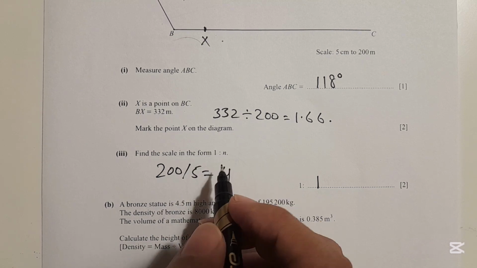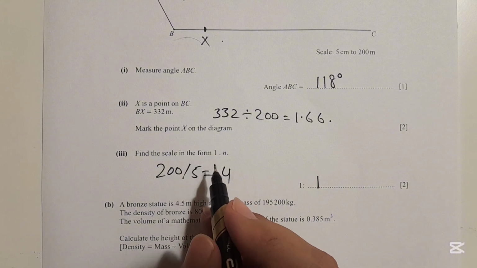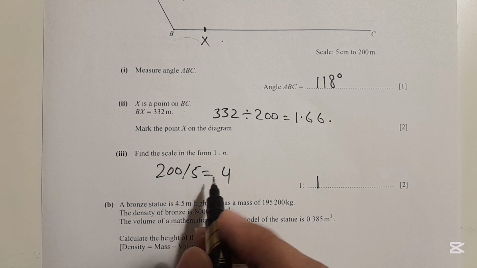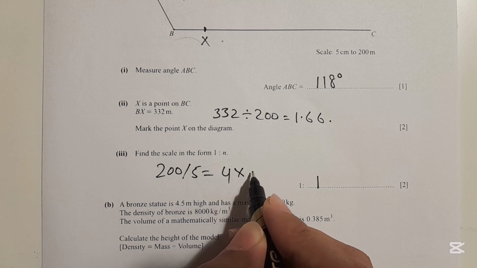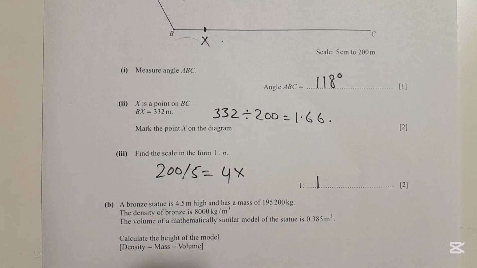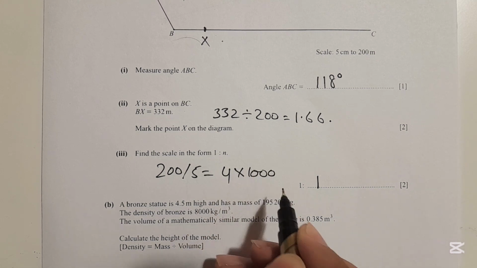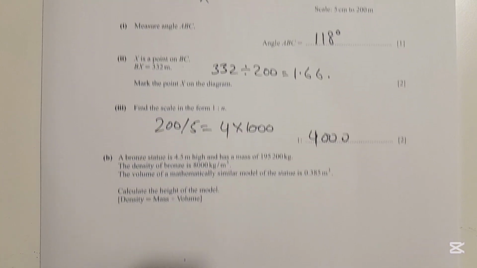So now for every one we have to multiply this by 100, 1000. So what we will do is 1 is to the ratio of 4 times 1000. So 4000 will be the final answer for part 3.